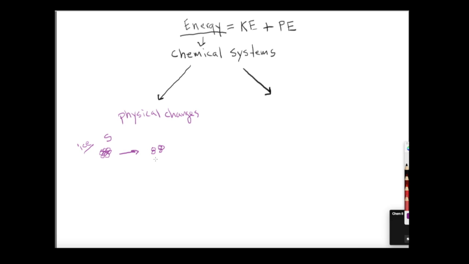I think this is pretty straightforward stuff for you guys. And remember that I define liquids as: we just break a few of the solid bonds and we get to the point where the system can flow, where the stuff can flow. And once we have that, it's a liquid. So this is pretty simple.